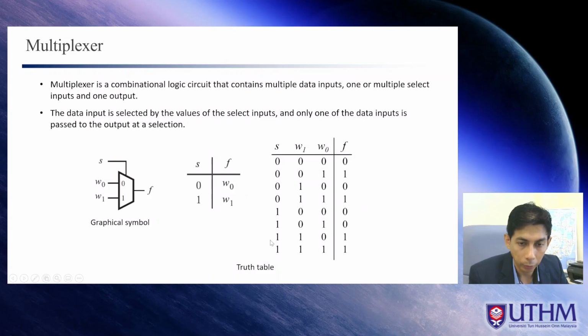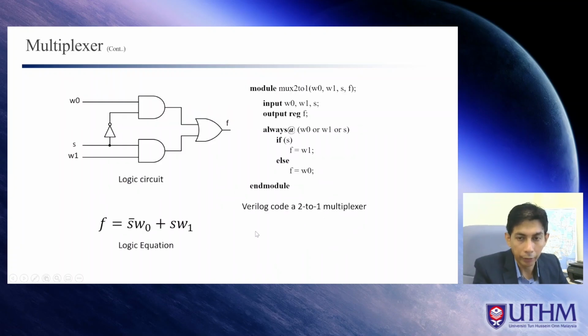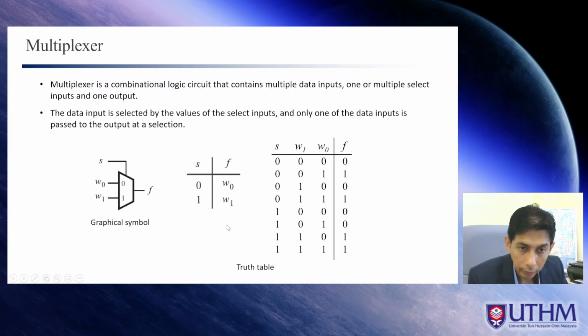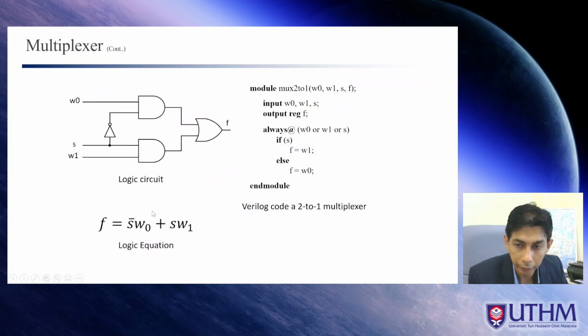But if S equals 1, F is equal to W1: 0, 0, 1, 1, 0, 0, 1, 1, right? So that is the behavior. And from that behavior, the truth table here, we can derive the logic equation, and also we can derive the logic circuit from here.